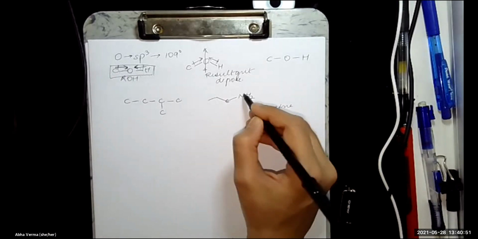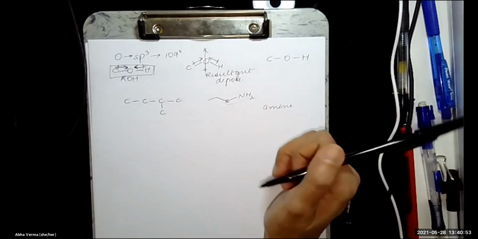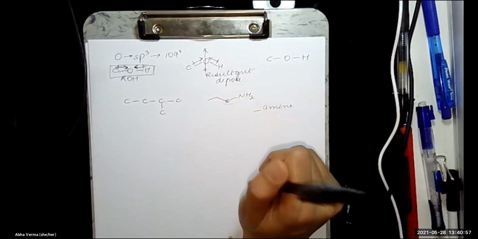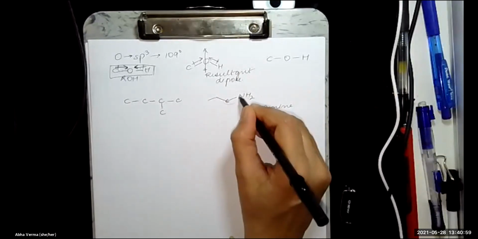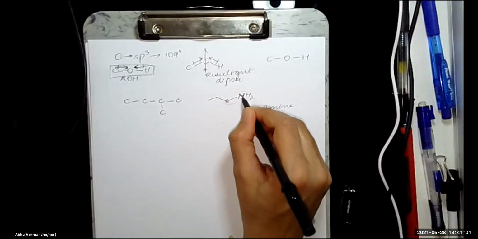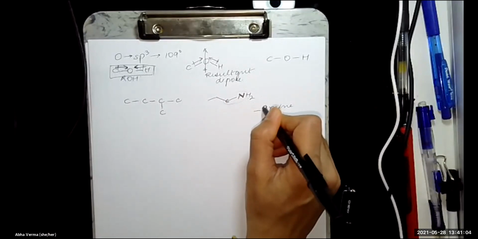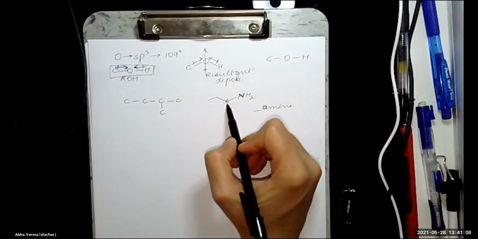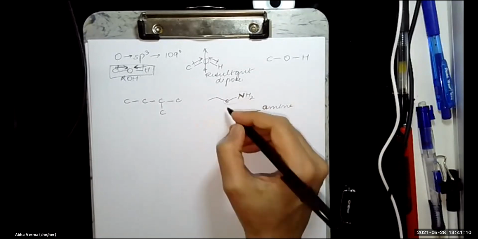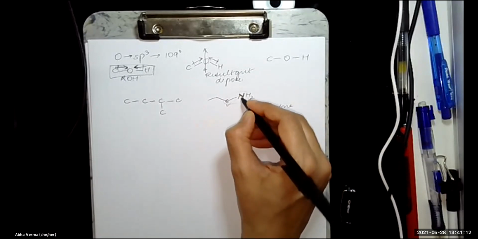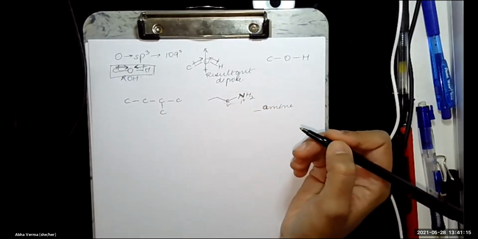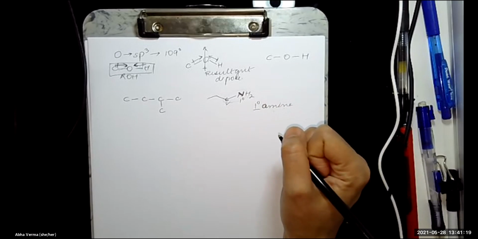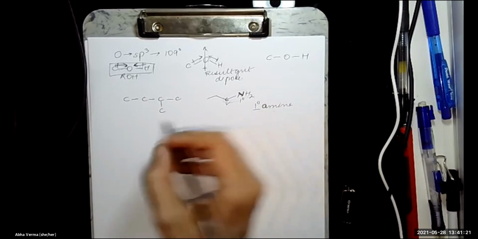Because there is a CN bond with no unsaturation. But then I also have to classify it. Based on this nitrogen, which amine is it? This nitrogen is connected to how many carbons? Only 1 carbon. And so this is a primary nitrogen site or a primary amine.